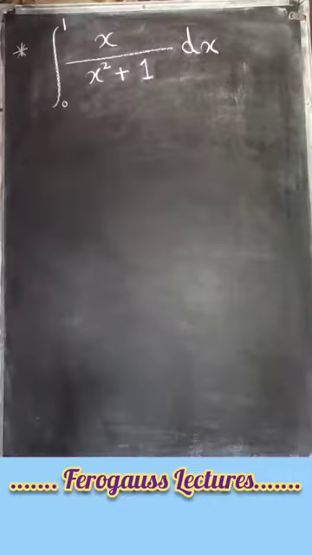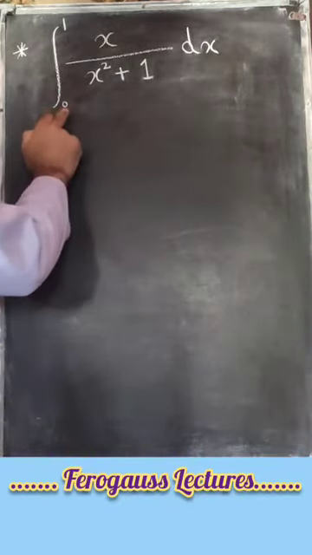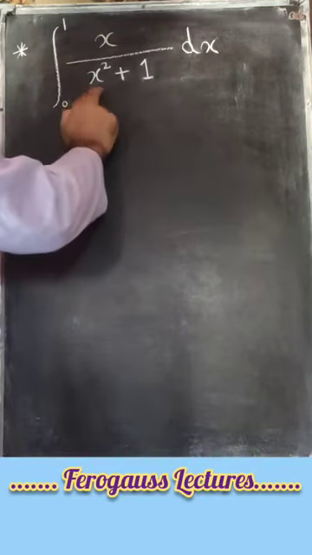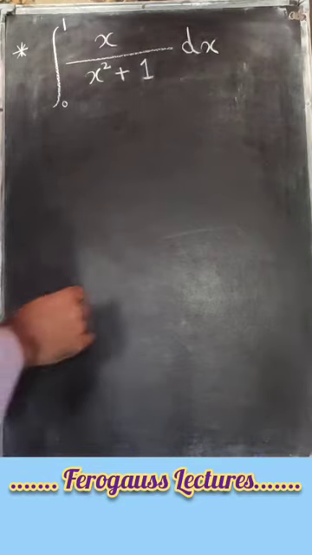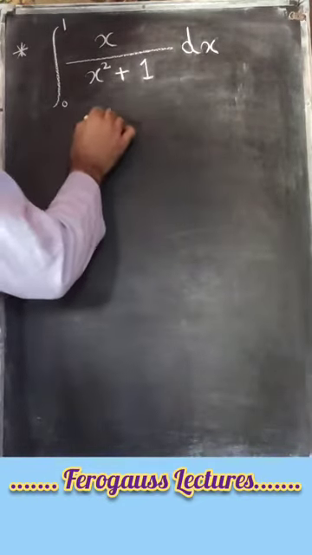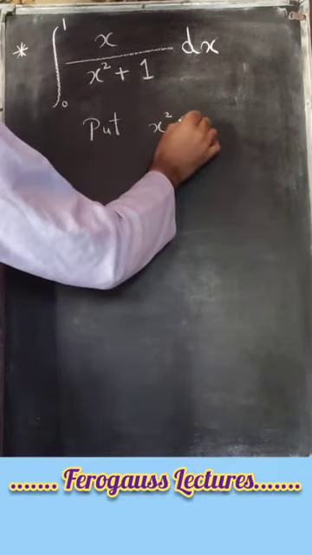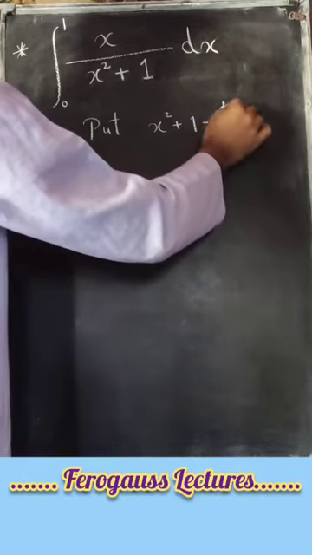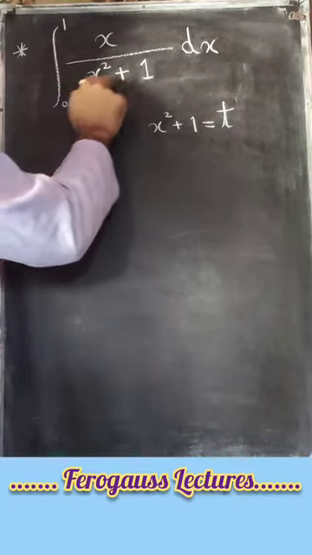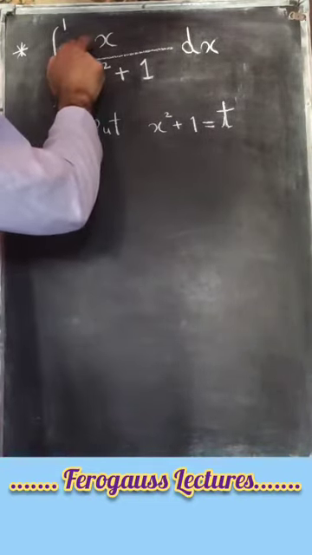Now, our next question is: here we have to evaluate this definite integral, that's the integral from 0 to 1 of x by x square plus 1, and we will evaluate this by using the substitution method. So for that we put x square plus 1 equal to t, because if we differentiate x square plus 1 we get 2x, and here in the numerator we have x.